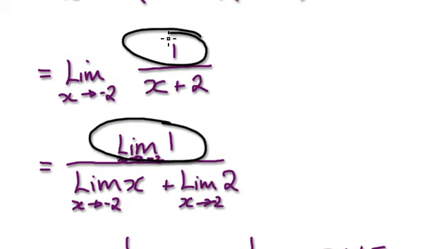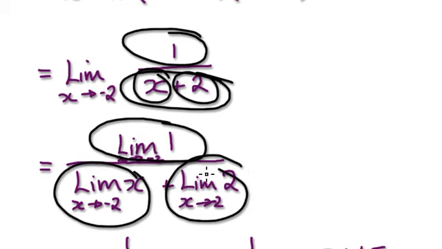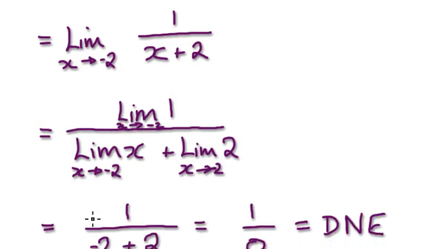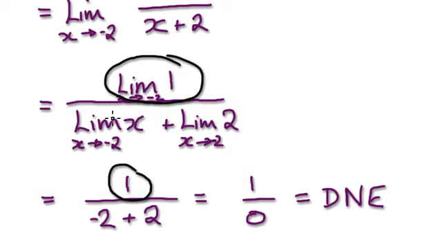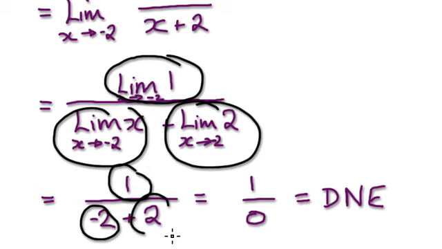At the top it will be the limit of this, and at the bottom the limit of this. Remember we're trying to find the limit as x approaches -2. As x approaches -2, this will be 1, this one will be -2, and this will be 2, so you then get to this.